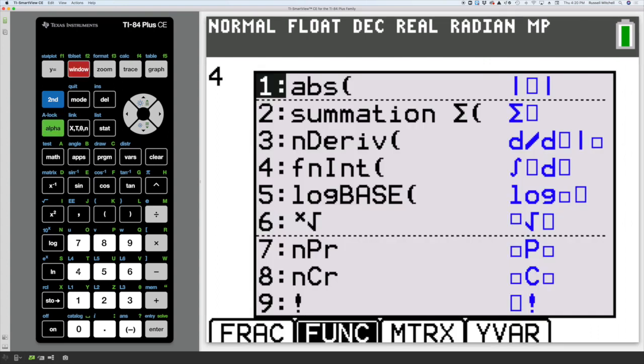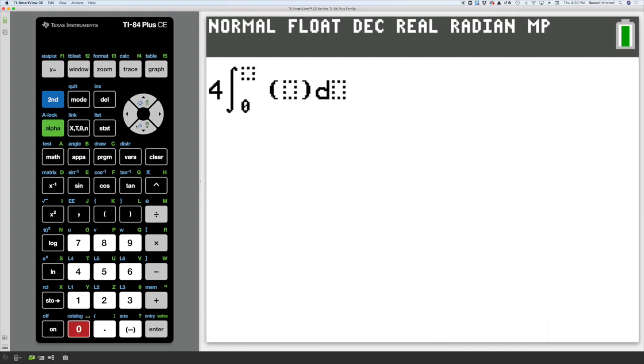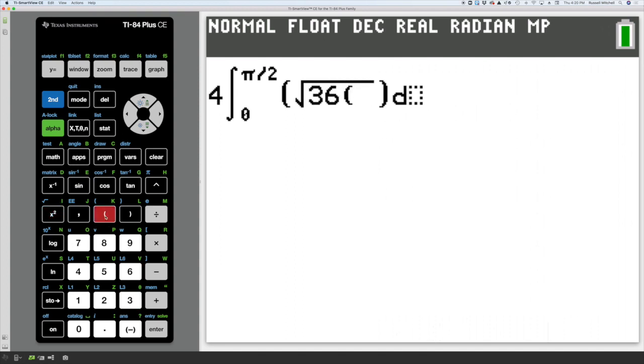and then number 4. We're going to go from 0 to pi over 2. And then square root. Okay, and we have 36. Then we need to put a parenthesis, and then it's cosine x.